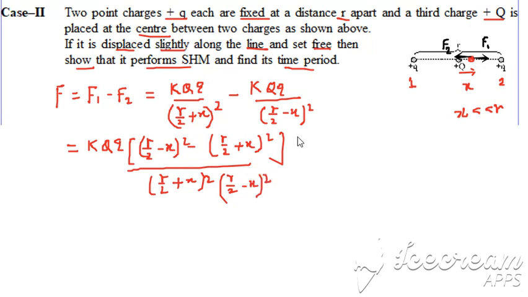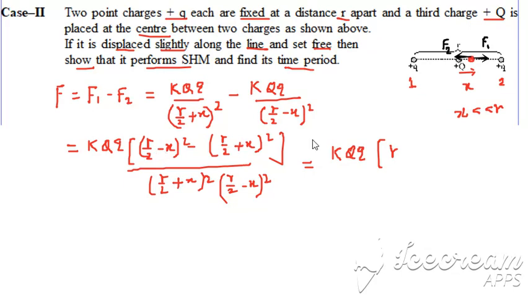Now if we simplify this big expression, k, Q and q will come out as common. This is a squared minus b squared, so we apply the formula and write a plus b and a minus b. For a plus b, r/2 plus r/2 leads simply to r.